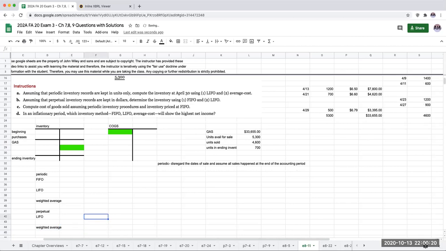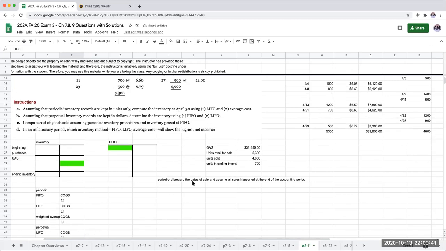For each of these, I'm going to ask you for cost of goods sold and the value of the ending inventory. The sum of these two values will always, for this question, be equal to 33,655.